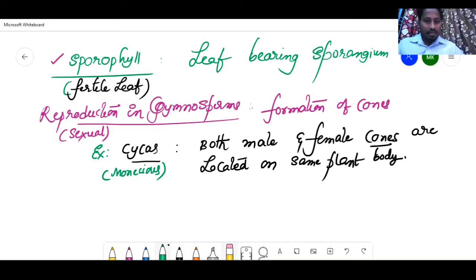Whereas in pinus, male and female cones are separately present.